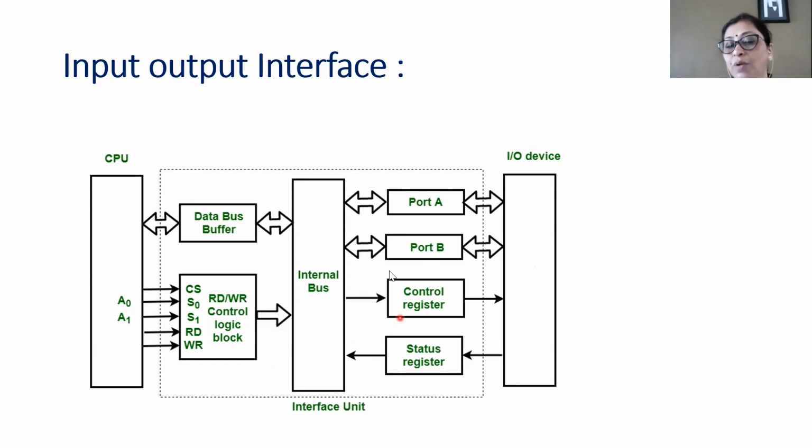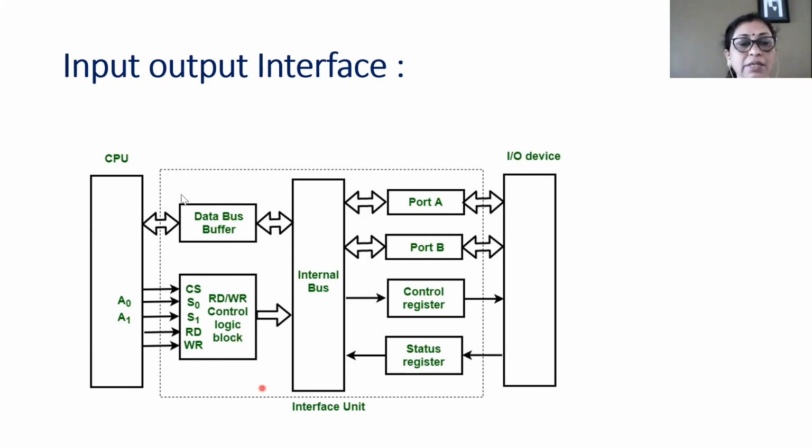So you can draw a general block diagram of interface unit. So mostly all interface units have certain general functions. So considering this, we can draw the generalized block diagram of interface unit. Now, if you observe, this interface unit is present between central processing unit and input output device. So that is what you can see here.